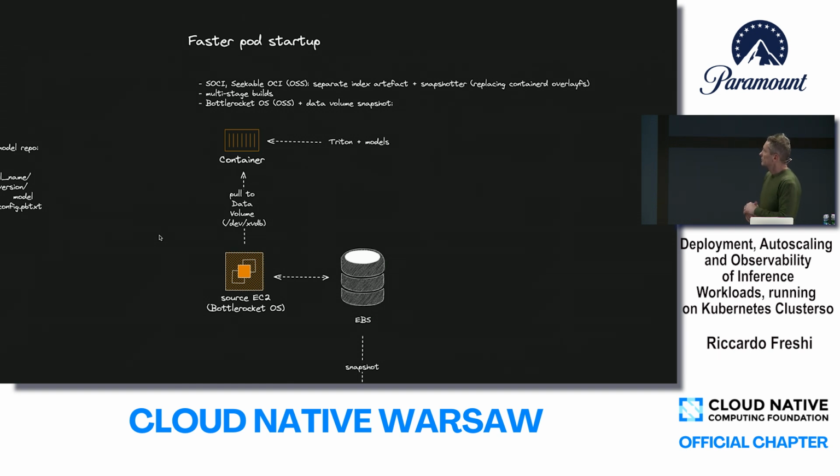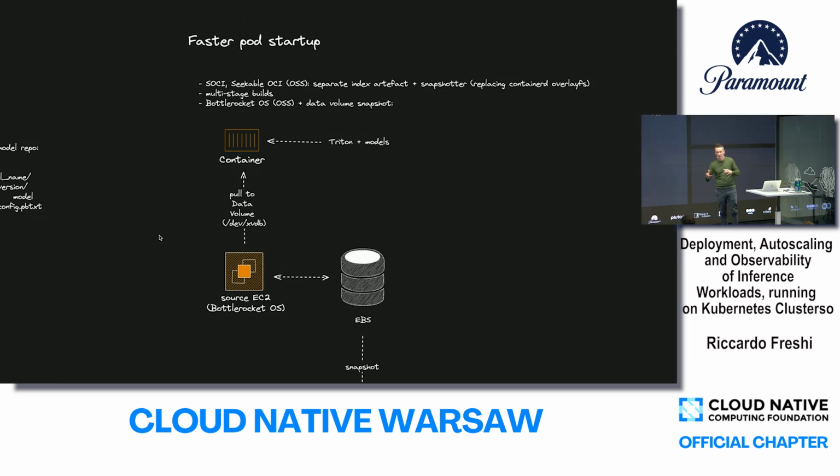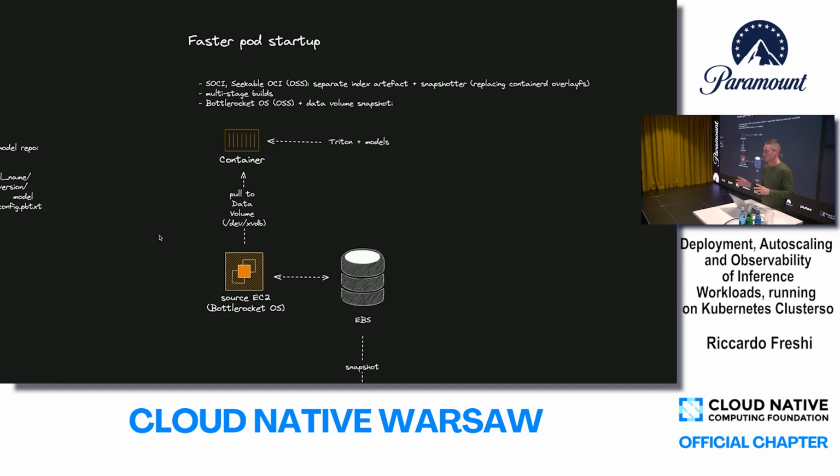First of all, SOCI, so seekable OCI. This addresses the problem of having to download a full container while maybe you need just a portion of it in order to start the workload.